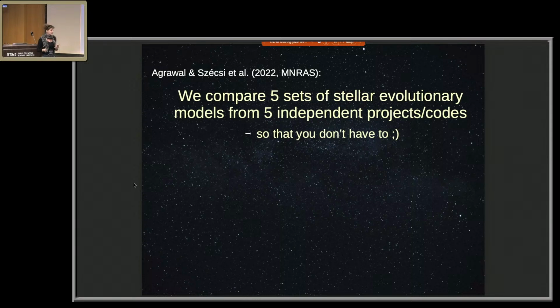because I think it's really fascinating. So what we did, we just simulated you. We simulated what happens if you go online, look up 5 existing stellar libraries that are available online, download the data, and compare the models just to see if they give you the same results, the same predictions, right? That's a straightforward thing to do.